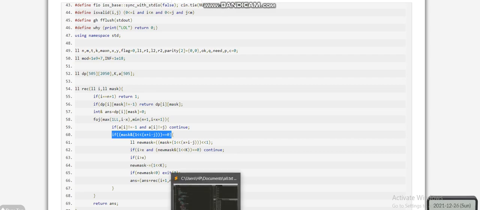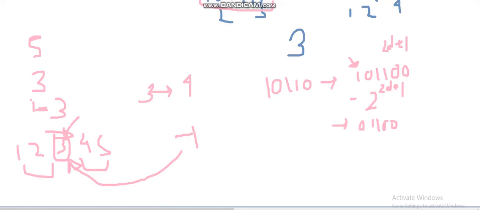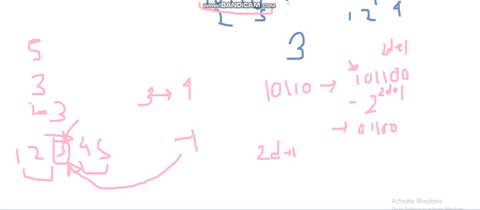Now for setting it, there are 2d plus 1 bits in the mask. So let's say this is a 5-bit mask, like 1 0 1 1 0. The most significant bit will be our i minus x bit, and the second most significant bit will be i minus x plus 1, like that.